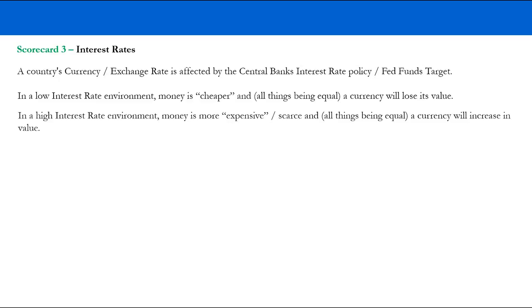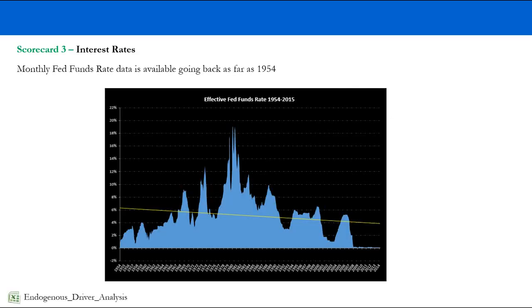And all things being equal, a currency will lose its value due to inflation. And in a high interest rate environment, the opposite is true. Money becomes more expensive and more scarce. So all things being equal, a currency will increase in value.